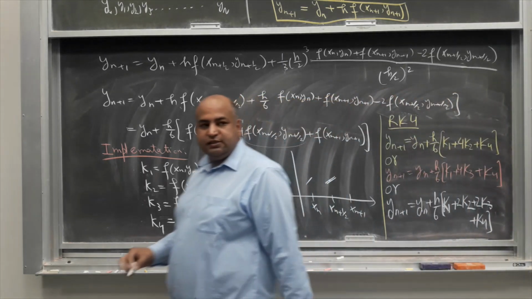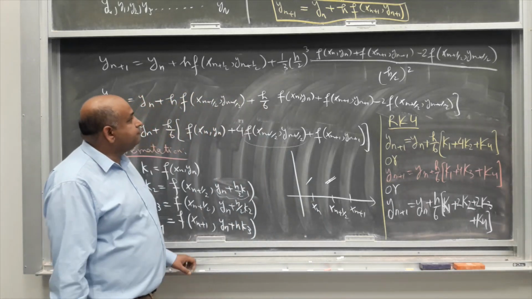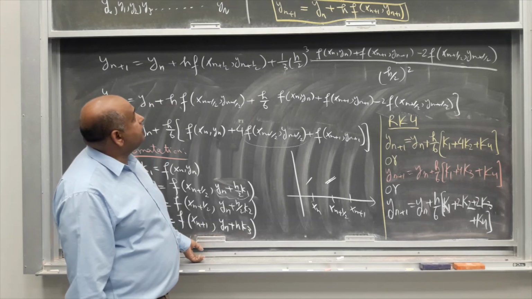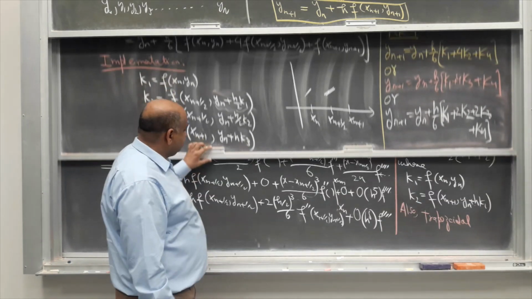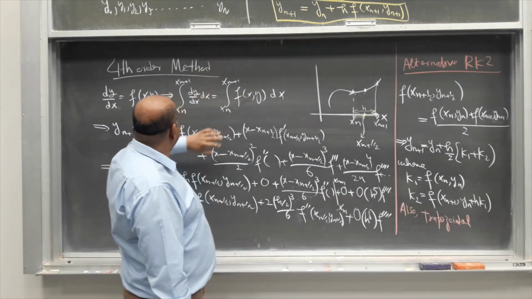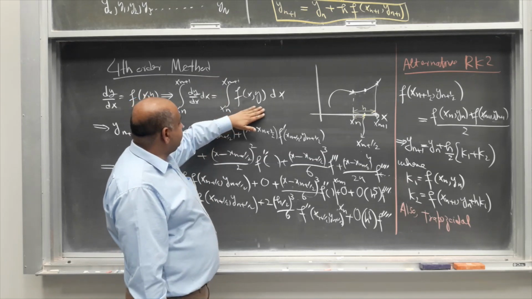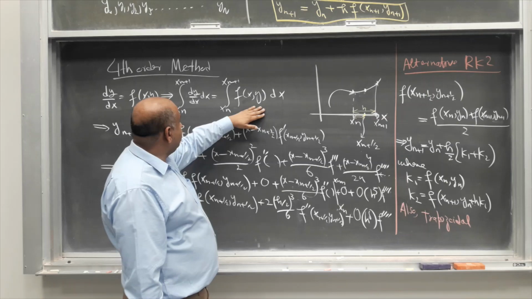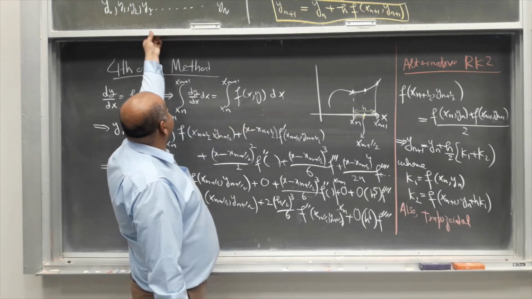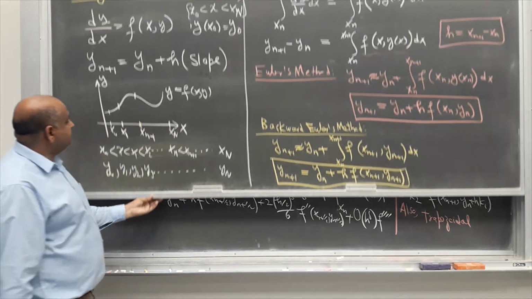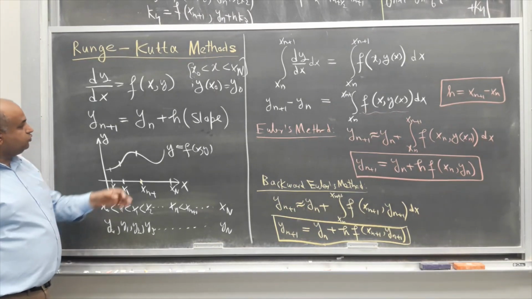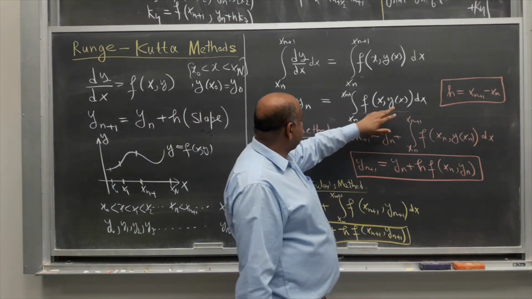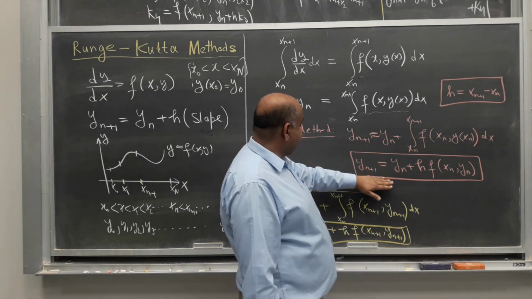Okay, so let me just summarize that using various approximations for the Taylor series for this function f of x, y, we can get different methods of different order. For example, if we use the approximation of this function at this point, we get the Euler method.